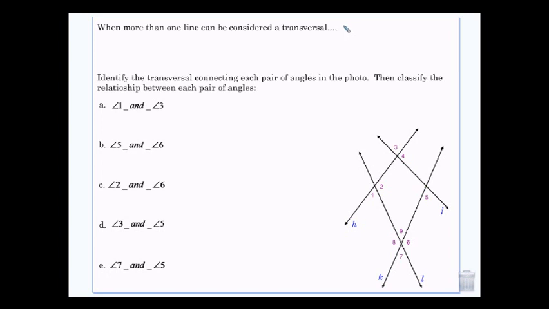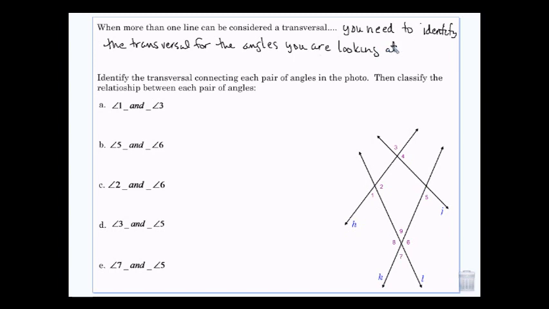Considered a transversal. You want to identify the transversal for the angles you're talking about. Okay, so in this case, I'm just going to first go through and identify the transversal just to show you how to do that, and then we'll figure out the relationship.